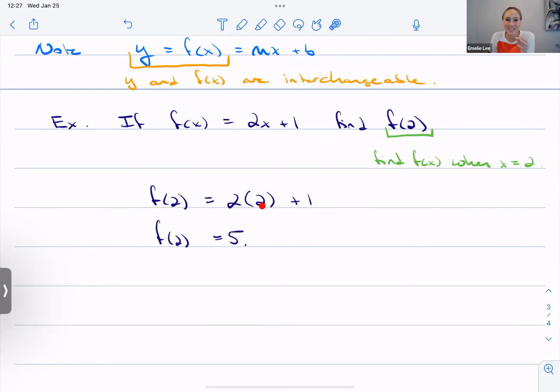Notice that we already used functions without saying that we were using functions. Hey, that could be one of those reels: tell me you're using a function without using a function. When we were solving for points on the line, that's what we were doing. We were using functions. We weren't calling them functions, but they were. And so when x is 2, y is 5.